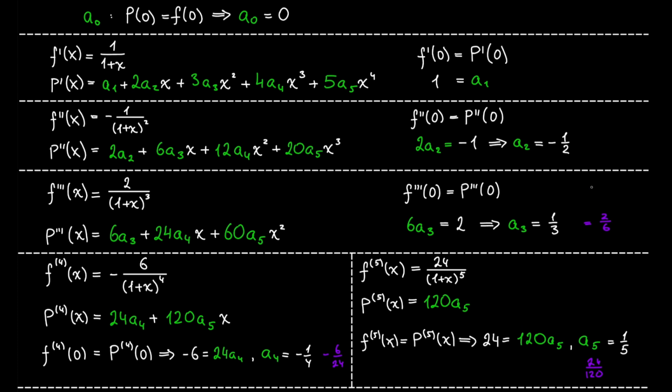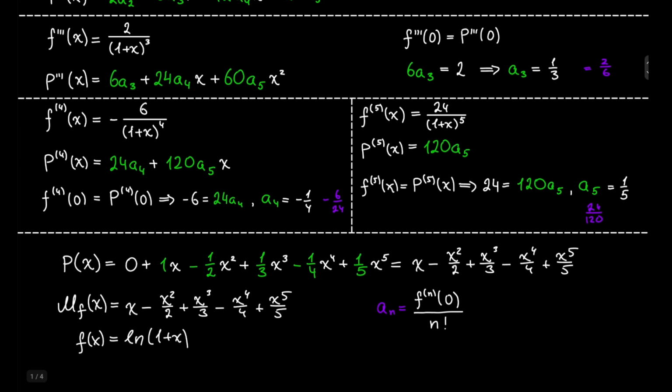Well, the only possible pattern that can give us these big jumps from 2 to 6, from 6 to 24, and from 24 to 120 are factorials. Because we know 2 factorial is 2, 3 factorial is 6, 4 factorial is 24, and 5 factorial is 120. Hence, an can technically be expressed in this format.